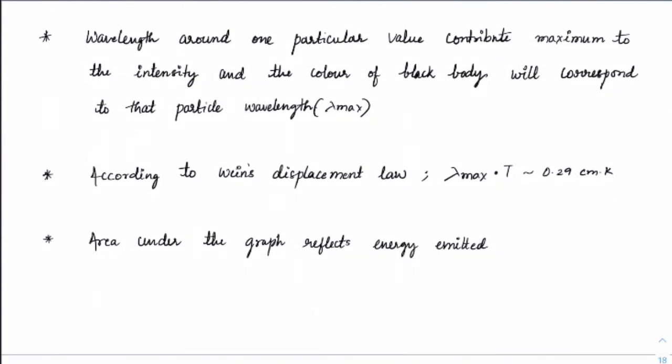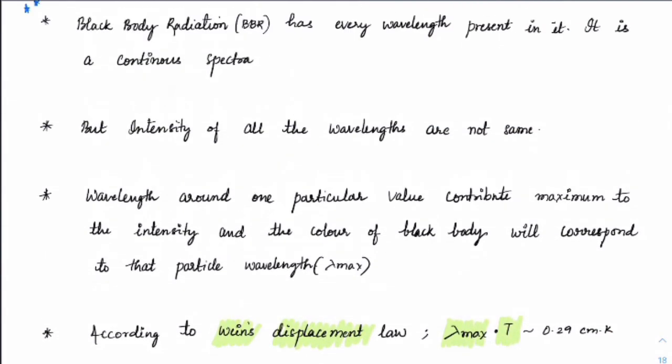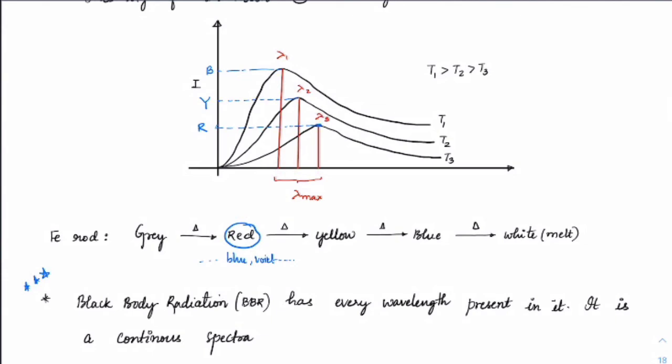This was identified by Wien's displacement law, a very important fundamental law. What he observed is that the lambda maximum value multiplied by the temperature at which it is maintained always comes out to be a constant value, which is 0.29 centimeter kelvin, which means here lambda 3 multiplied by T3, lambda 2 multiplied by T2, lambda 1 multiplied by T1, those are all equal.